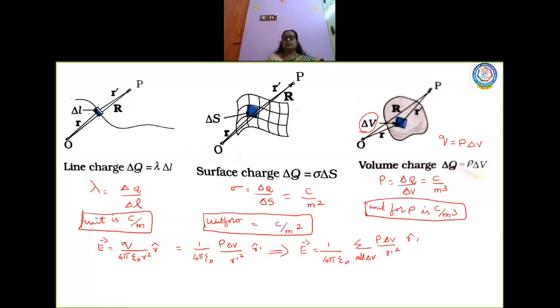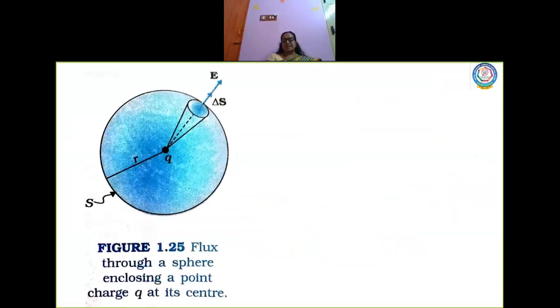Okay. Now let us move on to the next topic called Gauss law. Before we go on to this, I suggest you go through the topic of electric flux. We have already discussed electric flux. Electric flux is the number of electric field lines crossing unit area.